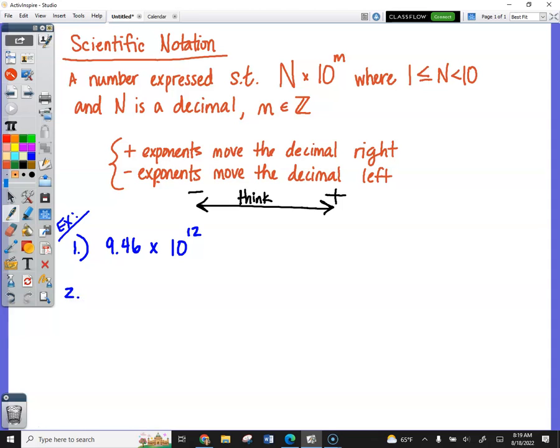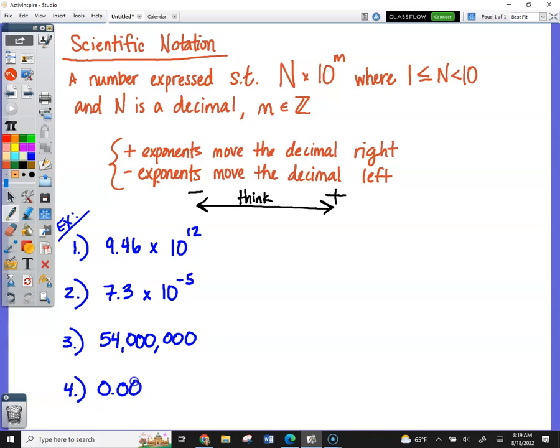I want you to write that in expanded form. And the last two, I want you to write in scientific form.